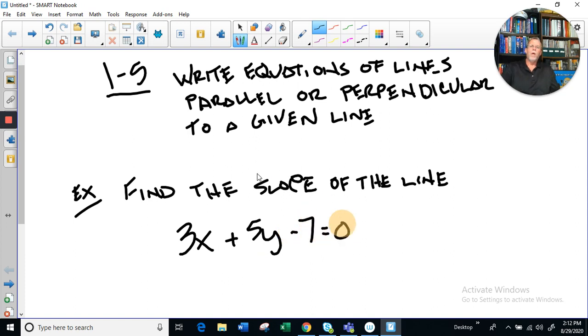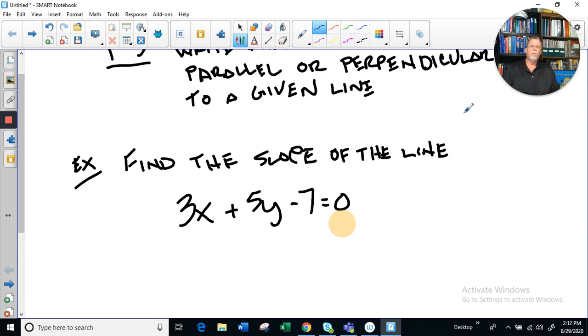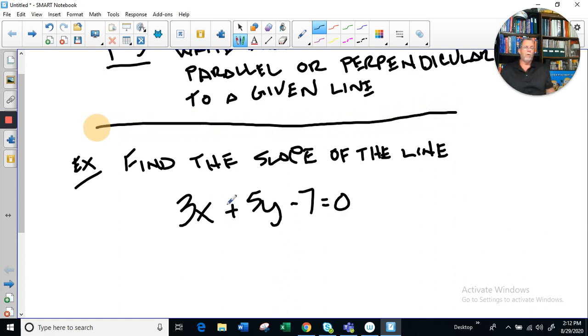In this case, we have given you the equation of a line in standard form, right? So being that it's in standard form, if I need the slope of this, if I get it into slope-intercept form, I can find that equation, right?